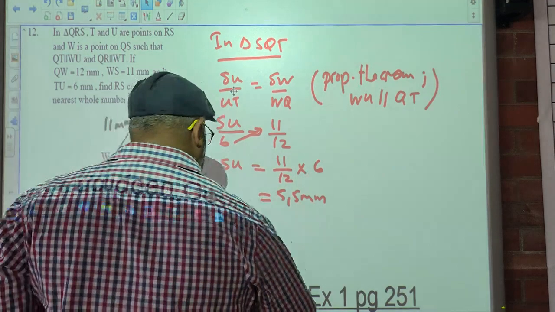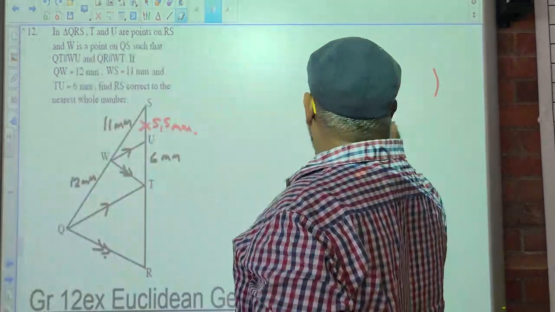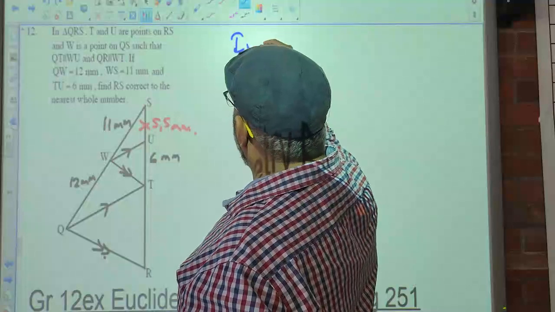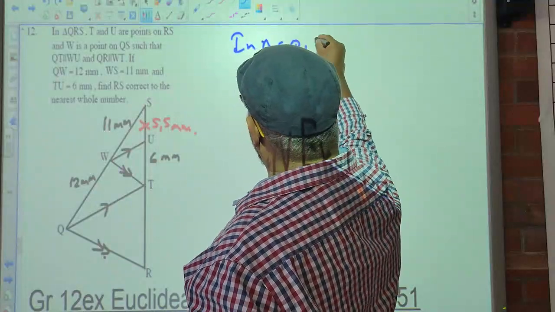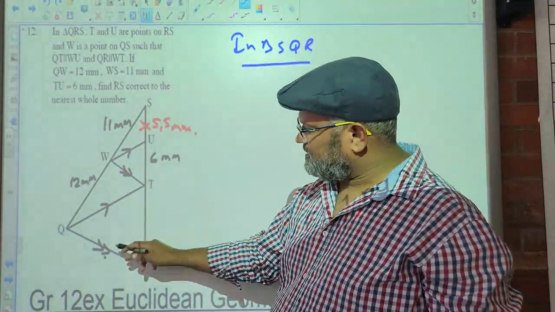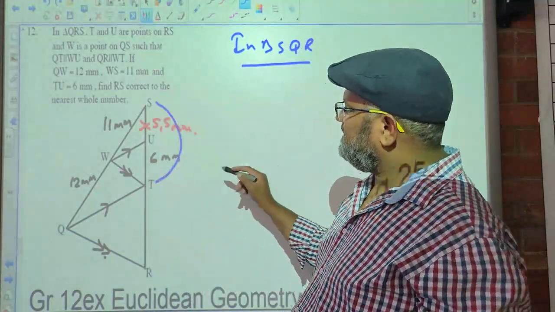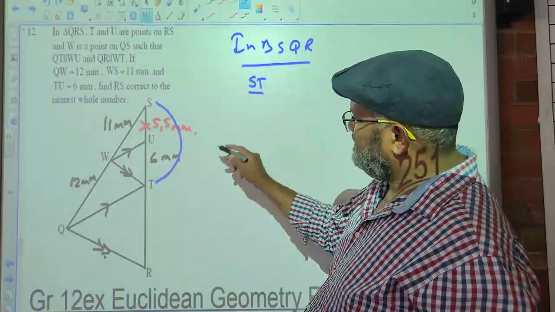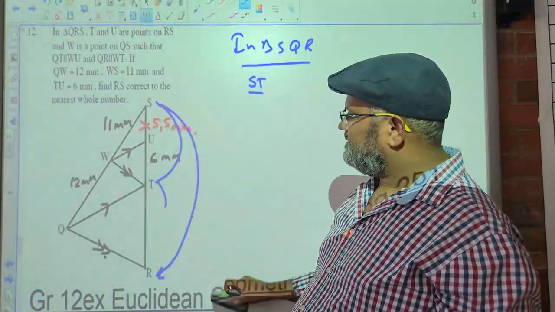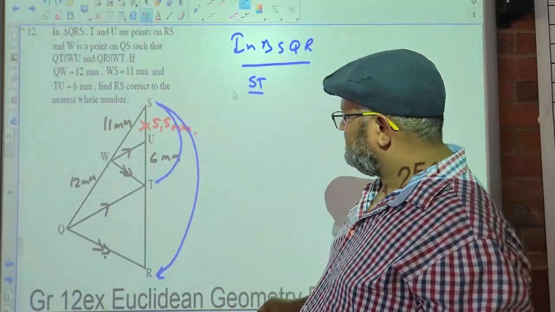Alright, so let's check the other triangle now. We're going to work on the big triangle. In triangle SQR, what did we say? These lines are parallel, no? So it's going to be ST over SR, yes, the whole length. That's what I want.